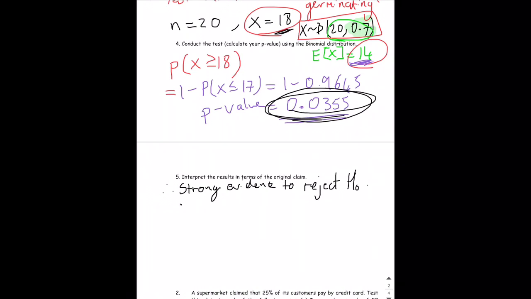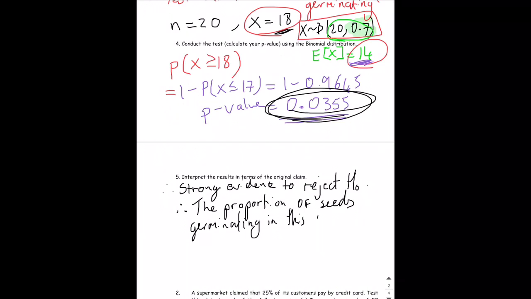So therefore, it's more likely we can assume that probably the proportion of seeds germinating in this new compost is probably higher, or likely to be higher.